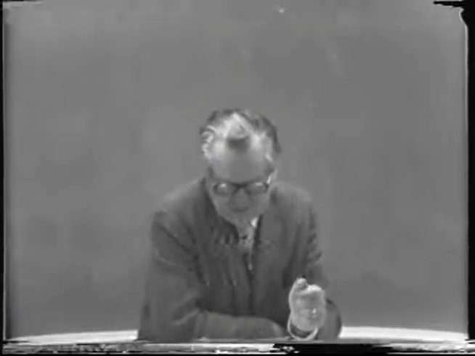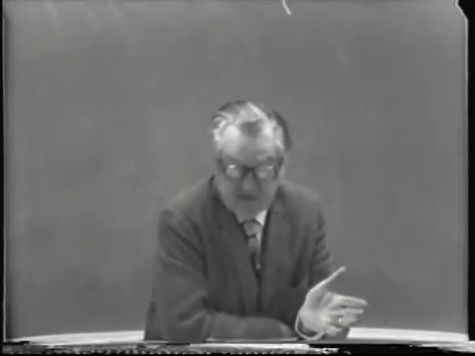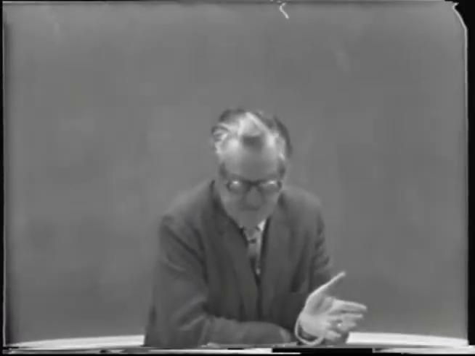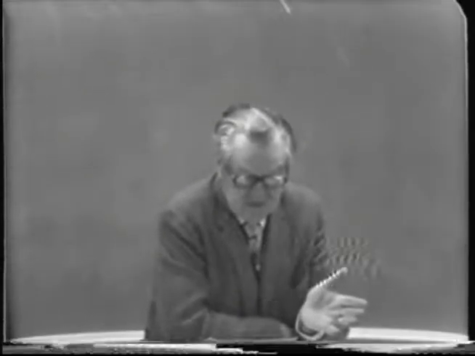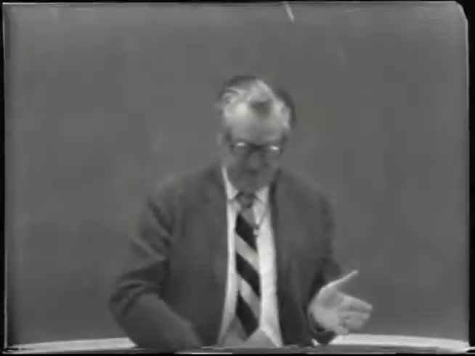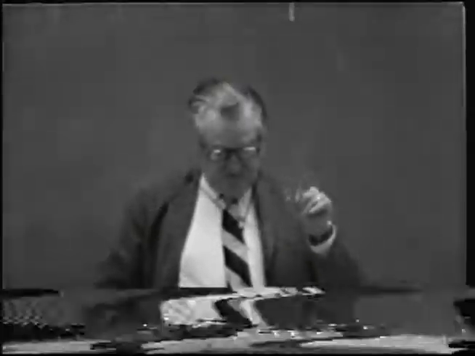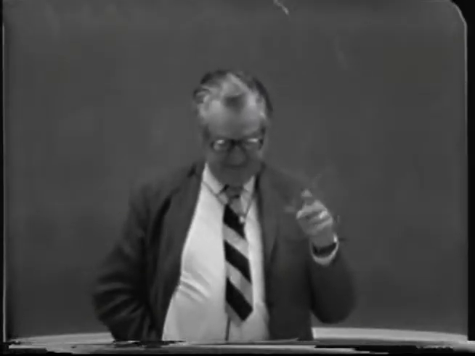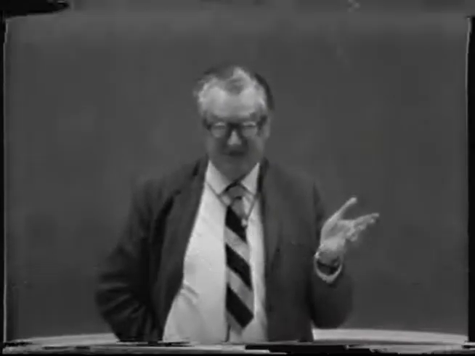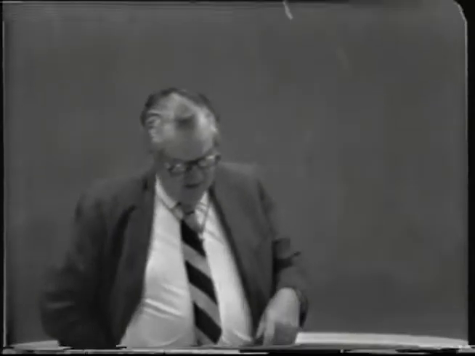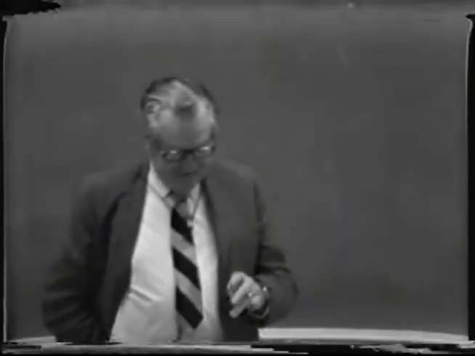Now, if you remember, the operating line that we've been drawing on the diagram is really the representation of an algebraic equation for a straight line. For the stripping section, it is y equals L over V times x minus B over V times x_B.